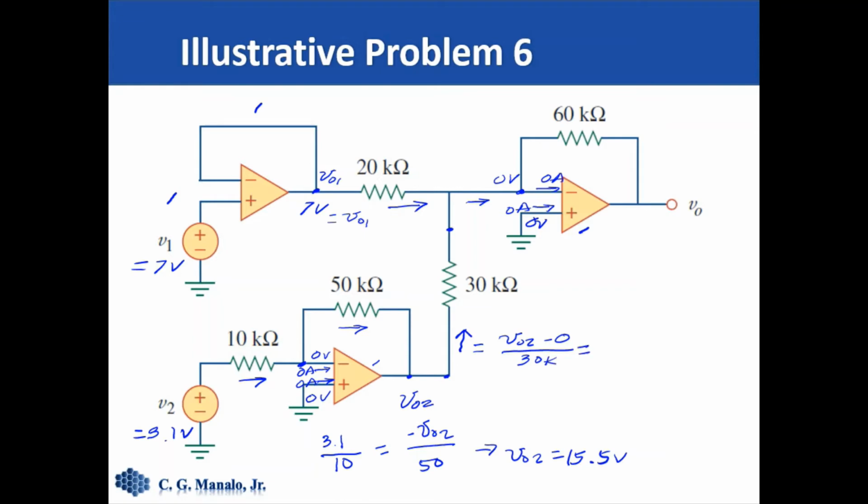So that gives us 15.5 divided by 30K, or that would give us 0.5167. By the way, this is negative here, so therefore this should be negative.